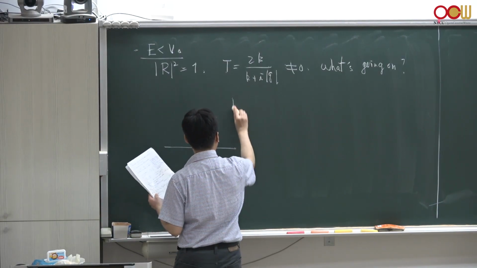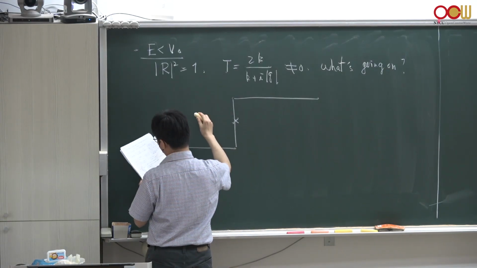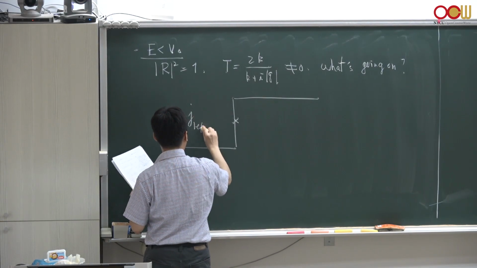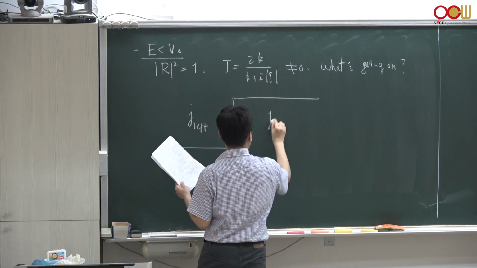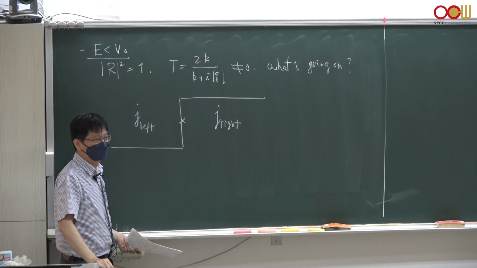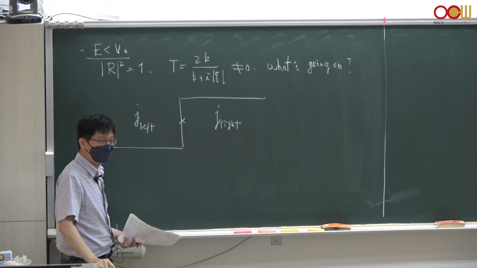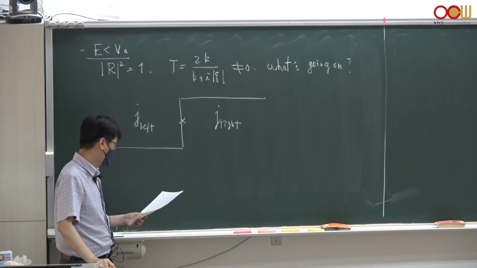So to see what's going on, you will need to simply go back to the flux. And once I tell you this flux is still conserved, you will immediately understand everything.